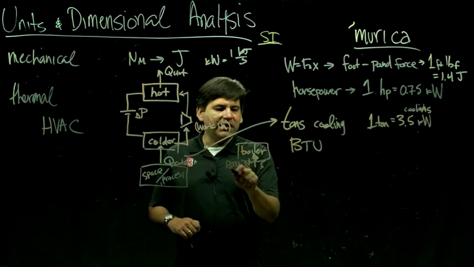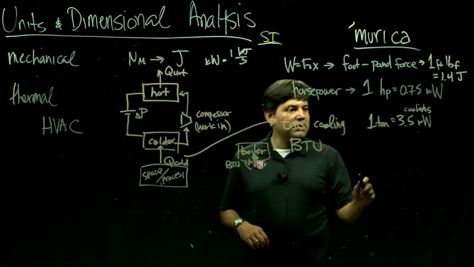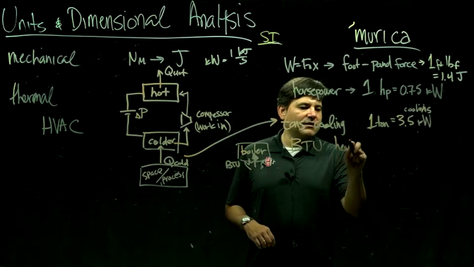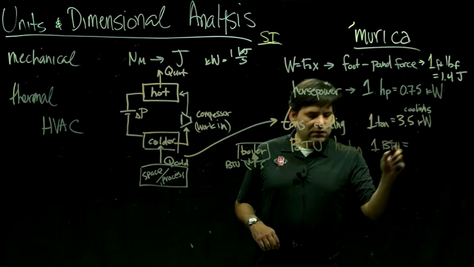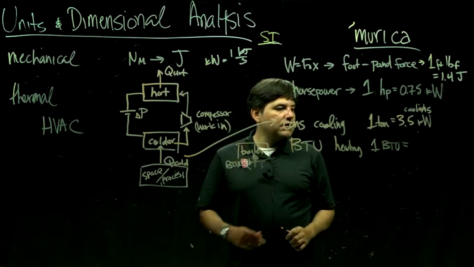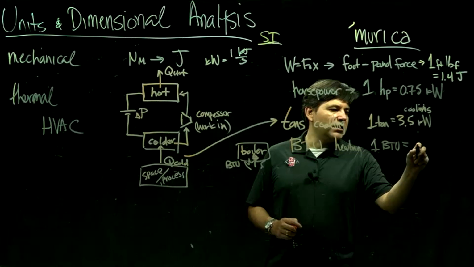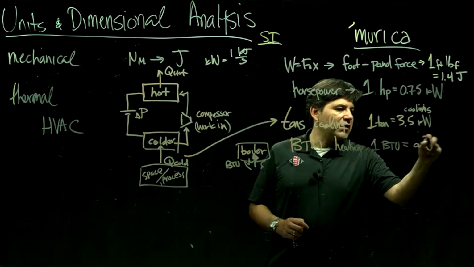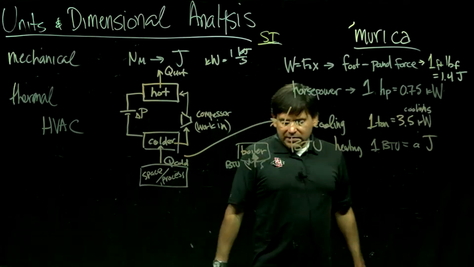The energy coming in from the fire is called BTU, British thermal units. So this would be heating, where 1 British thermal unit equals some amount of joules. I didn't write it down, but this is joules. Look, I'll give you guys that for homework. It's not a rate, it's joules.